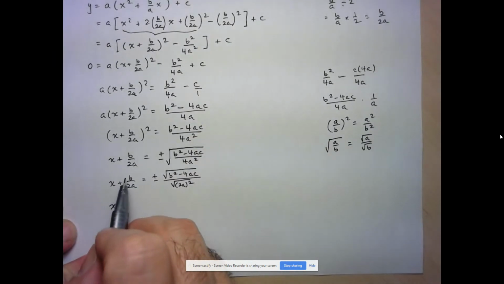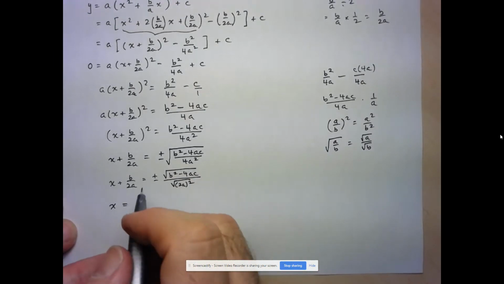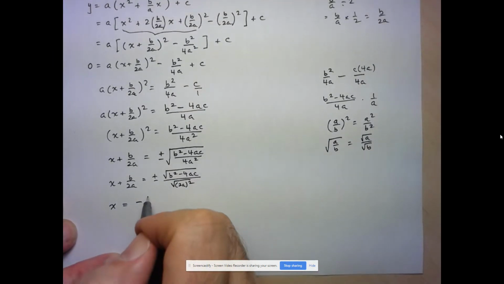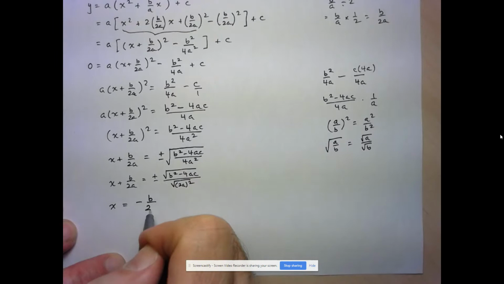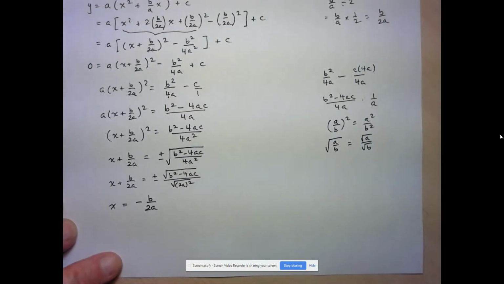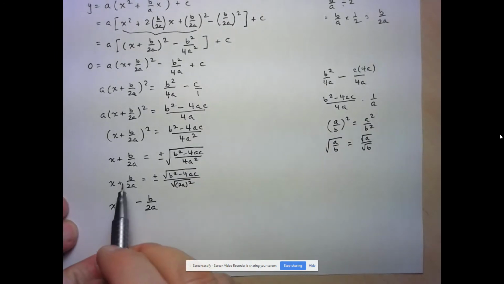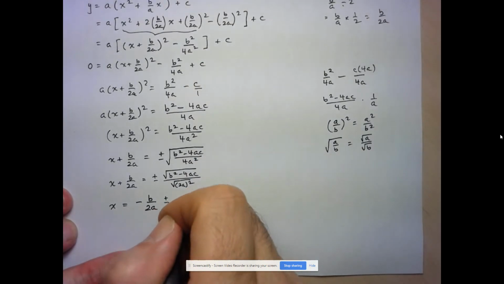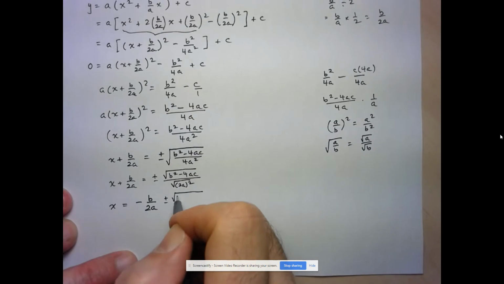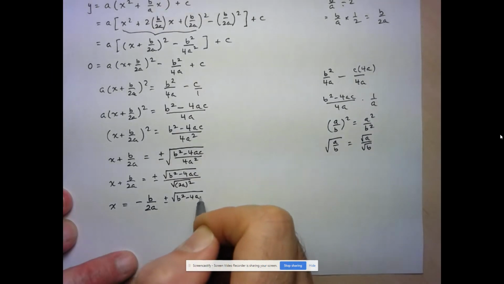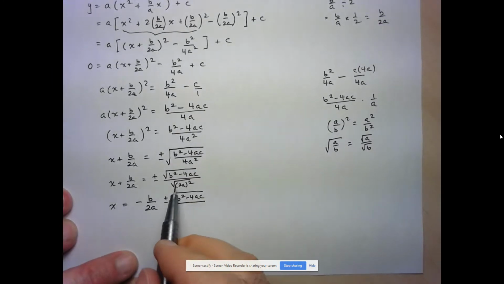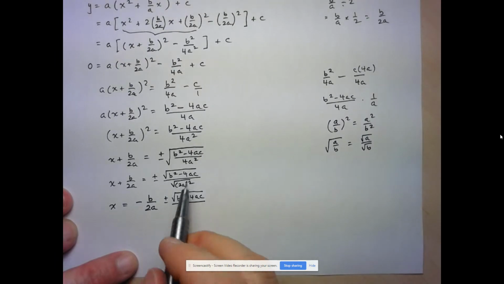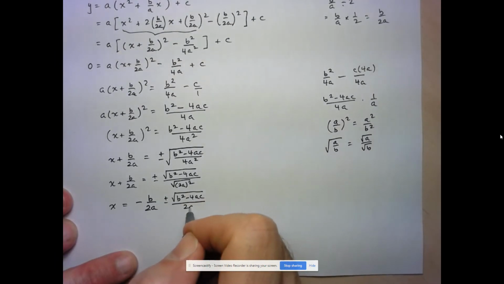The plus b over 2a is going to become a subtraction. Okay, and I'm going to choose to write it in this form here, just because it's the usual form we use. So this plus b over 2a becomes negative b over 2a, plus or minus square root of b squared minus 4ac all over. And what did we just find? The square root of 4a squared was just equal to 2a.